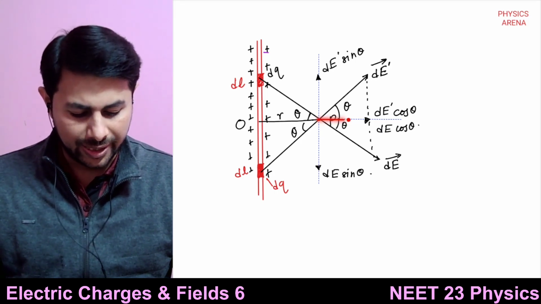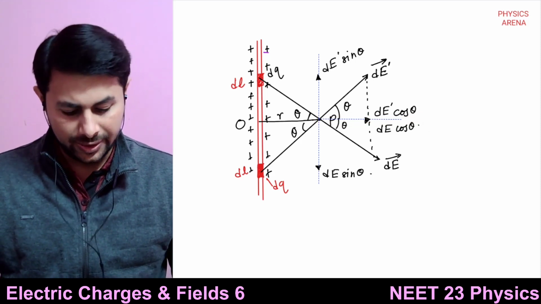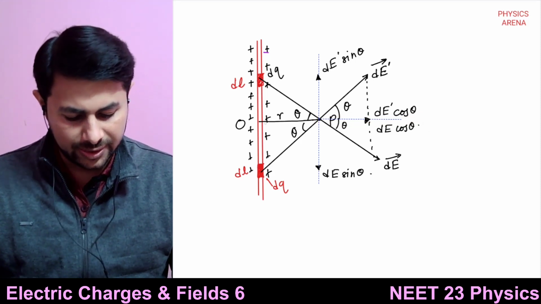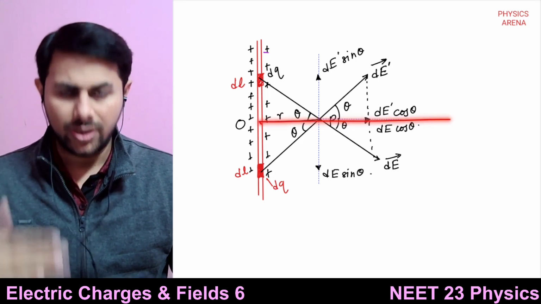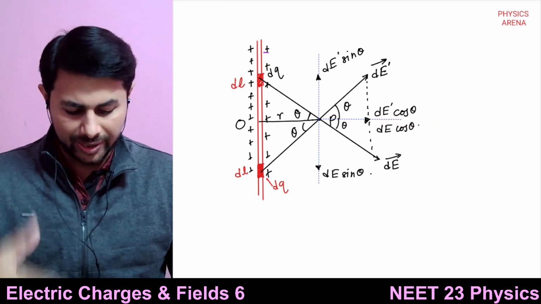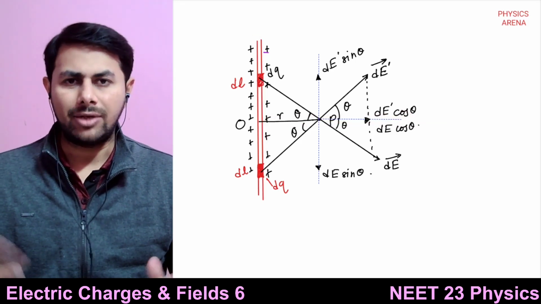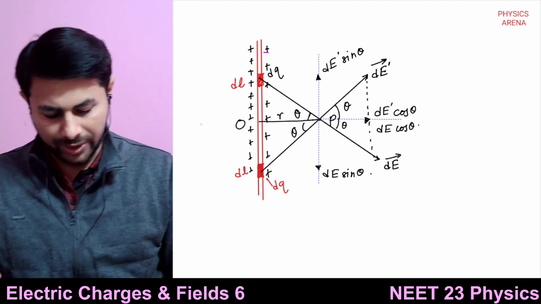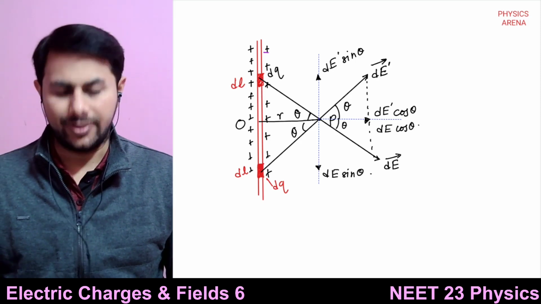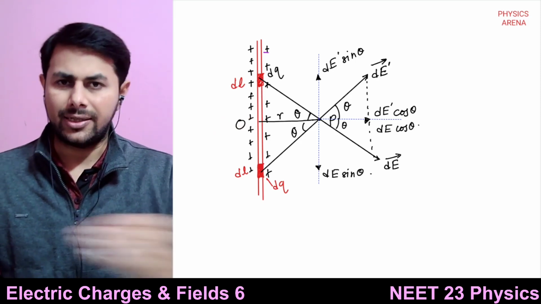The horizontal components get added, and that's why the electric field is directed like this. It is directed along the perpendicular to the length of this wire, towards point P. That would be the direction of the net electric field. Got it? If you take point P on this side, then the direction of the electric field would be like this.